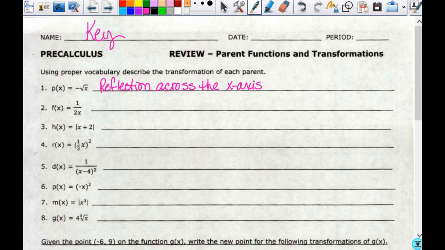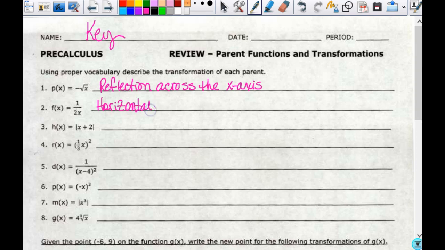All right, so then this is 1 over 2x, so this is a change for my x. Remember when you're doing x that you actually do the opposite of what you see, so instead of multiplying by 2, we are going to multiply by the reciprocal, which is 1/2. So with x, this makes this a horizontal change.